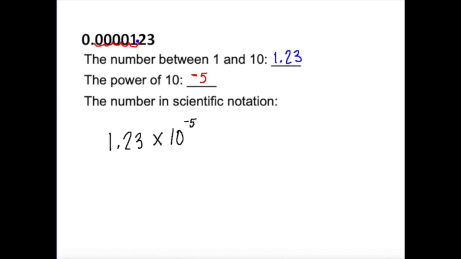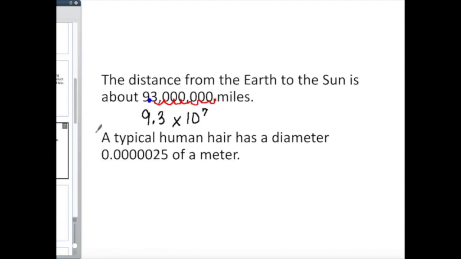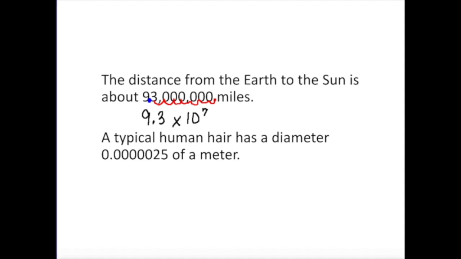All right. So now let's go back to that first example that we looked at, the example about a human hair. So the typical human hair is 25 millionths of a meter. So now let's write this in scientific notation.